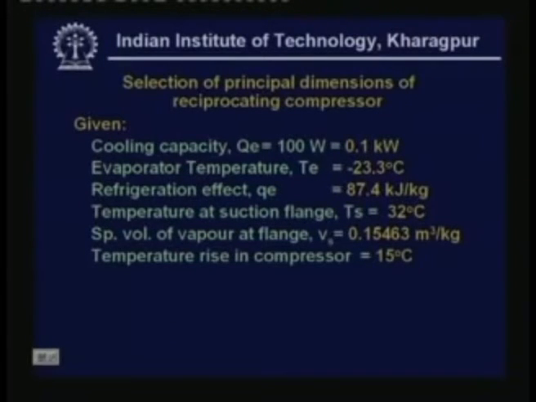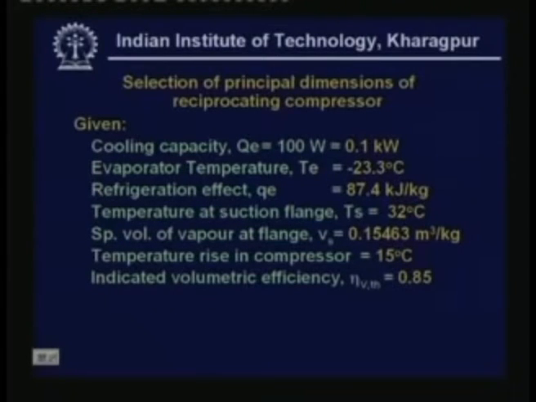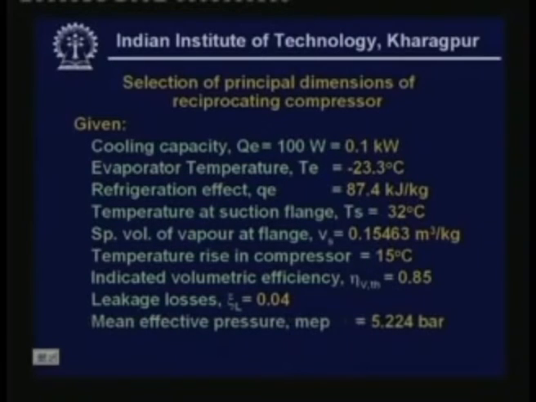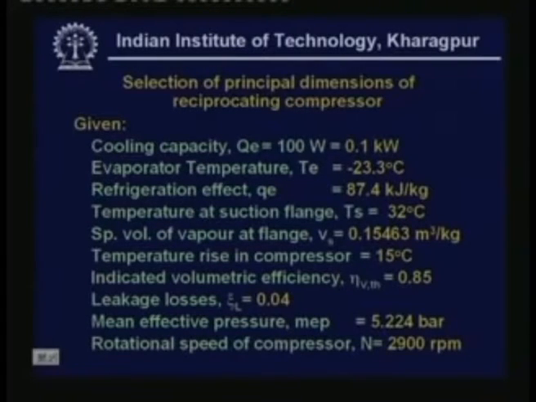And temperature rise in compressor is 15 degrees centigrade and indicated volumetric efficiency is 0.85. Leakage losses factor is 0.04 and the mean effective pressure MEP is equal to 5.224 bar, and finally the rotational speed of compressor is 2900 rpm.